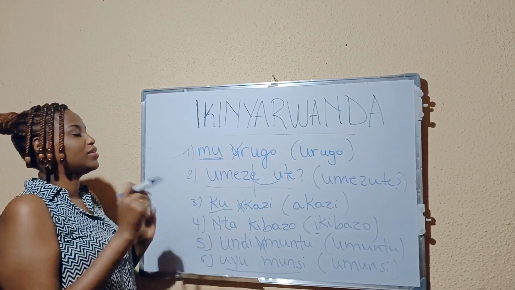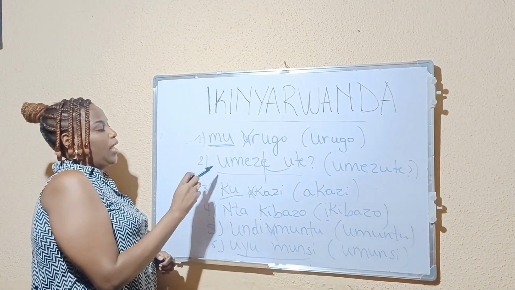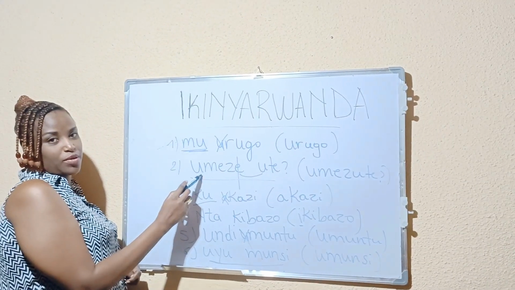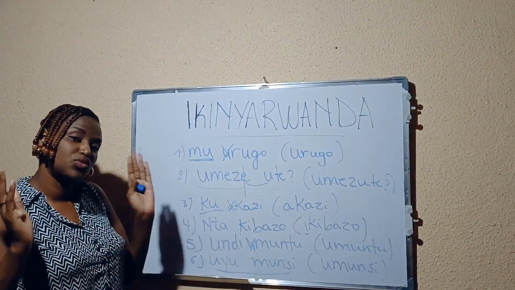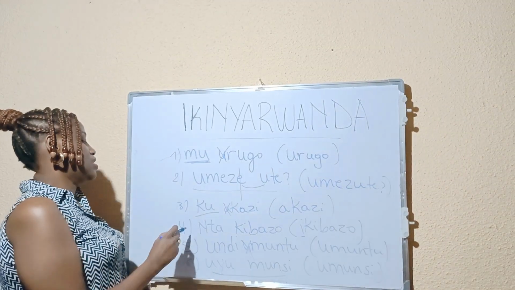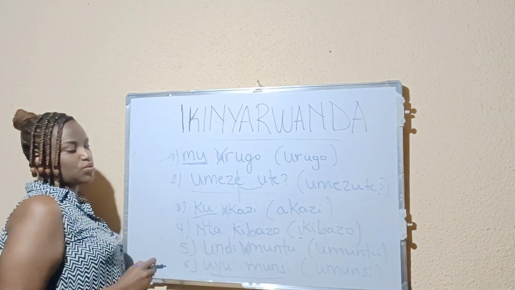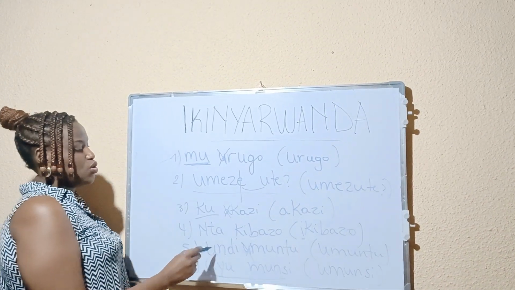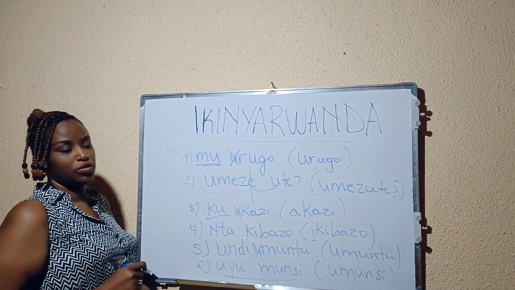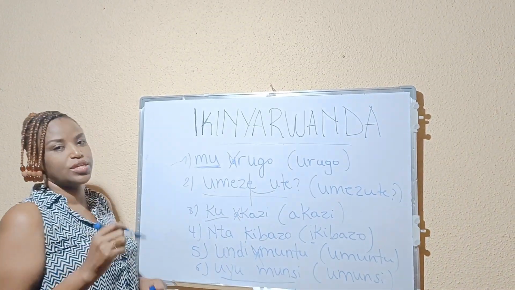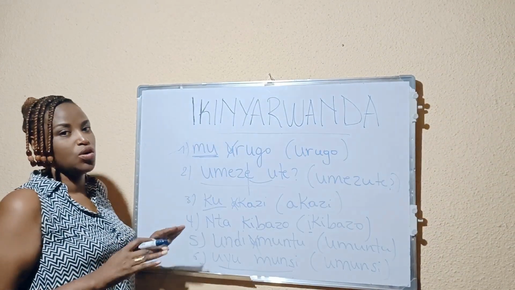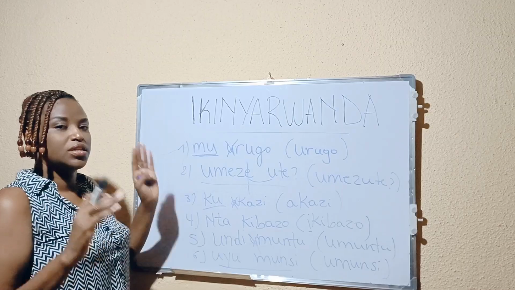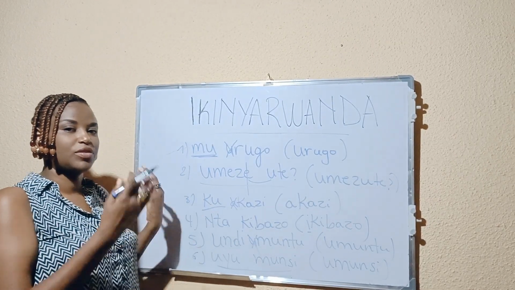Murugo is 2 words. And this was just an example from last time. And kukazi. If you write kukazi in one word, know that it's not correct. Another one is nta kibazo. It's 2 words. Undi muntu, another person. Uyu munsi, today.